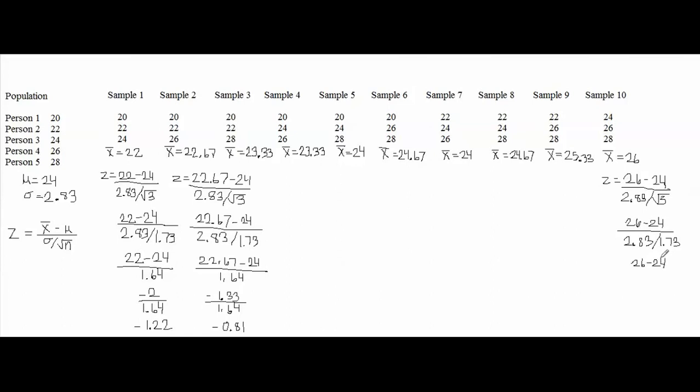And I know that the bottom right here equals 1.64 after you divide these two numbers. So 26 minus 24 is 2. So it'll be 2 over 1.64.